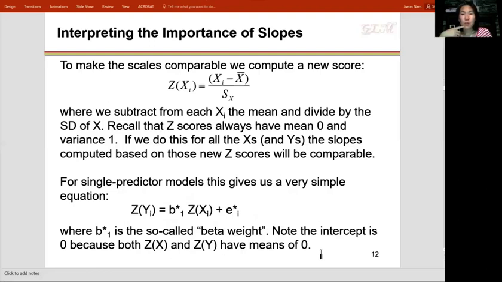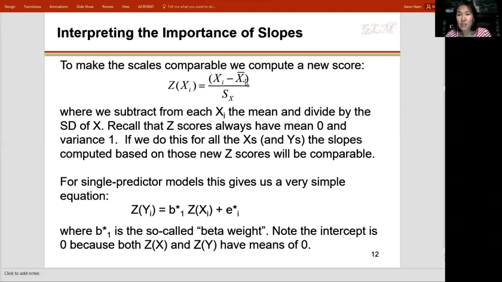Interpreting the importance of slopes. To make the scales comparable, we compute a new score. So you have an x variable, and you have an individual x value, xi, and you have the mean, x bar.